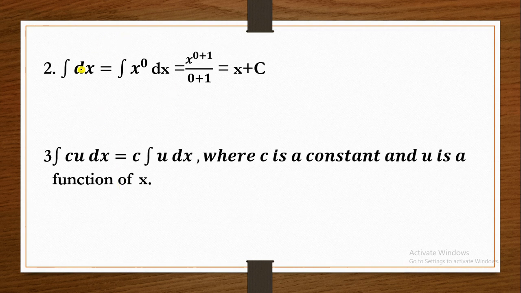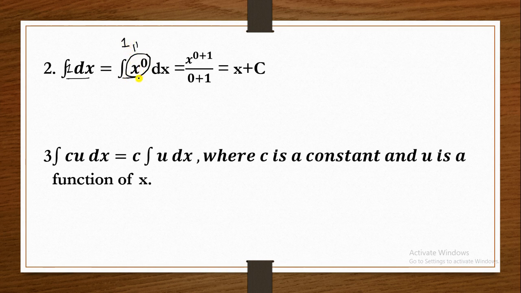Next, if integration of direct dx, so what is the answer? You know the multiply with dx is 1. You can do this, and value of 1 is x power 0. Power 0 means value of this term is 1.